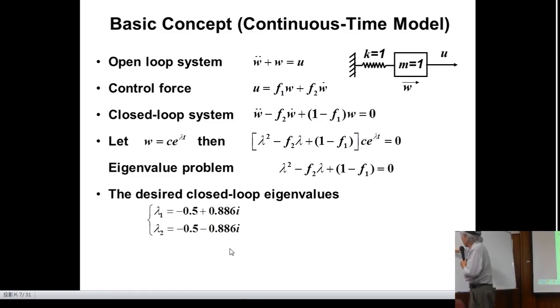Let's look at this closed loop eigenvalue.